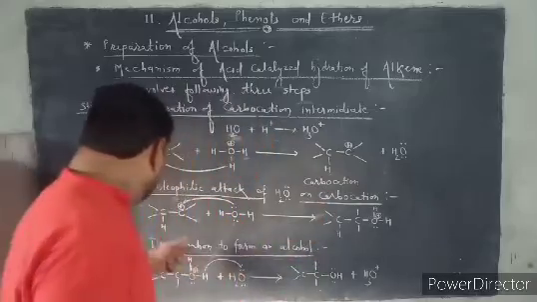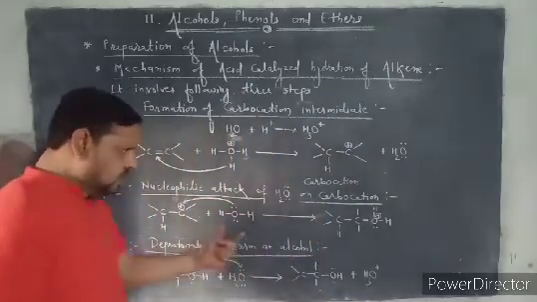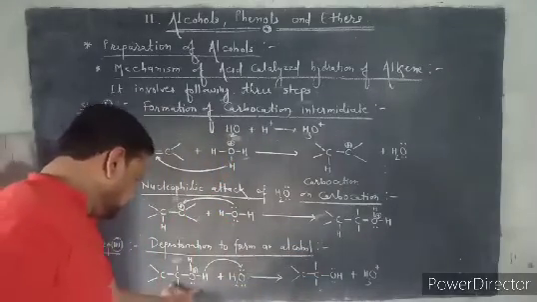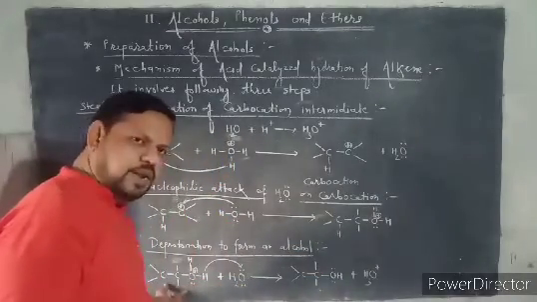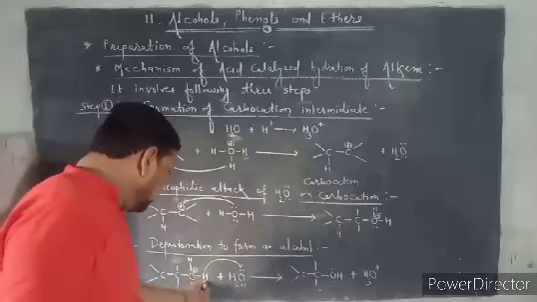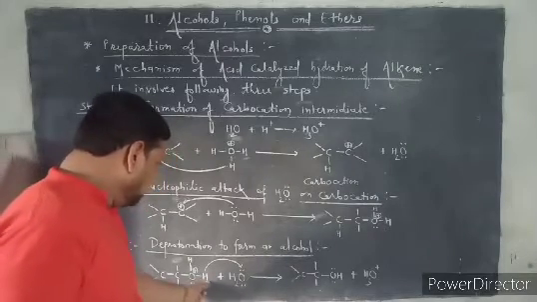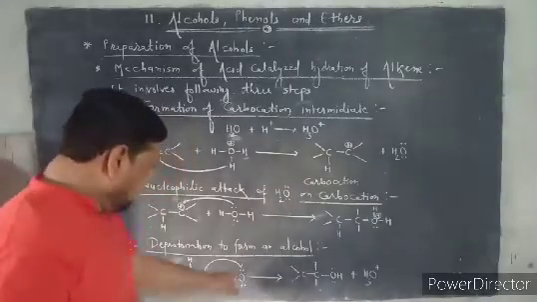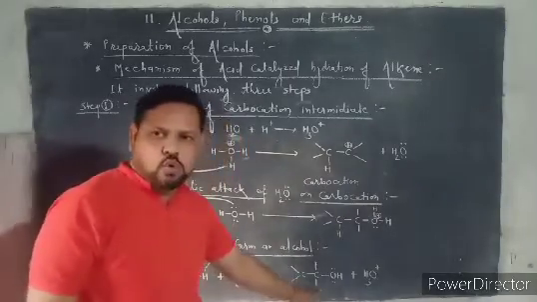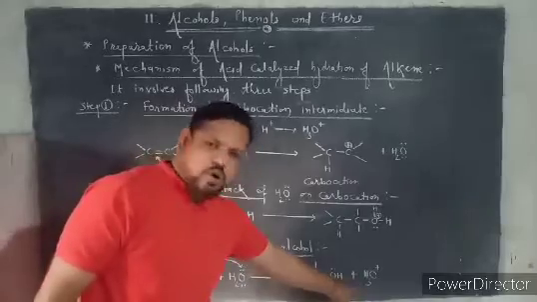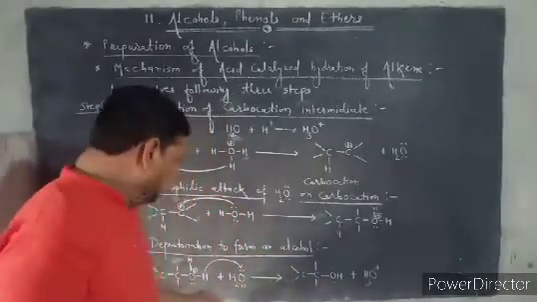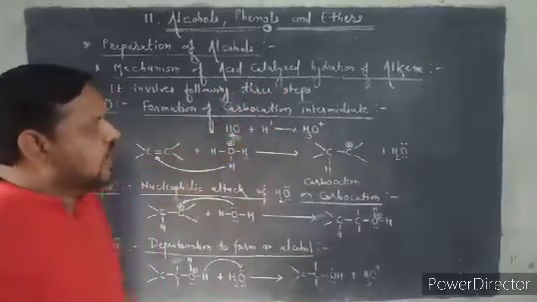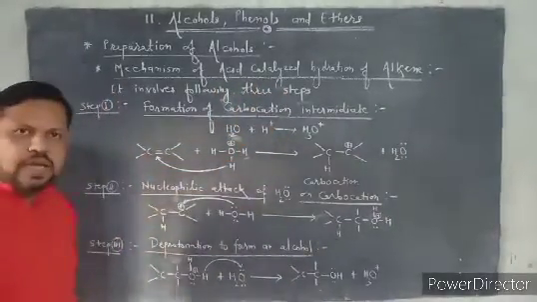In the third step, from this intermediate, a hydrogen atom is removed by water, and it gives an alcohol and hydronium ion. This is the mechanism of acid catalyzed hydration of alkene.